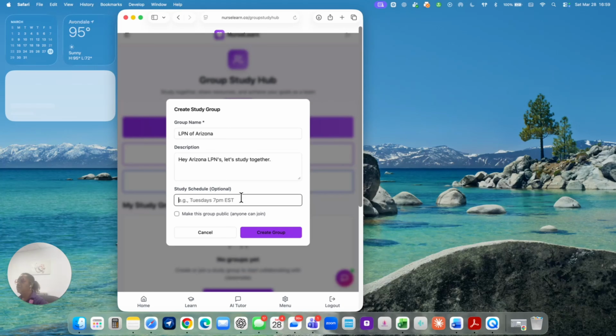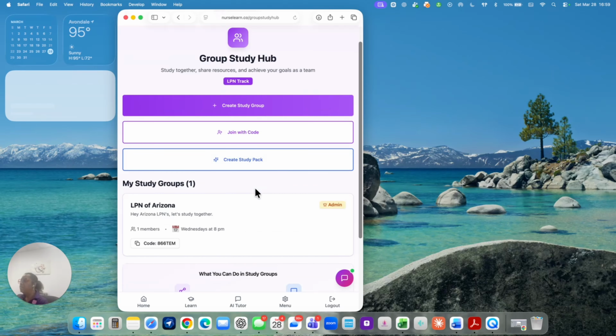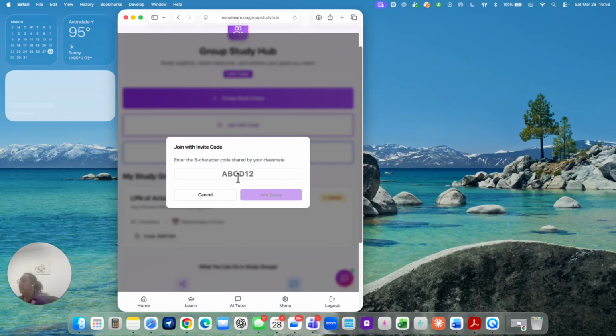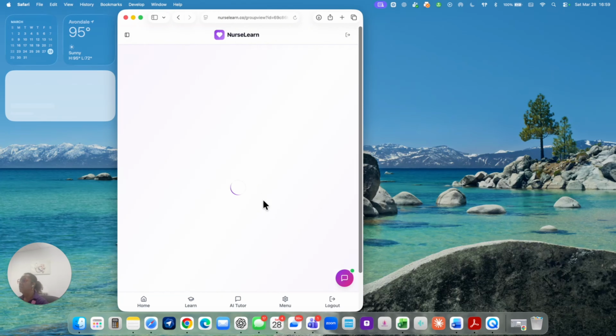And you can put your schedule, maybe Wednesdays at 8 p.m. You can make this public, but if you create your group, there's your group. This code is what you would share with somebody. If you got a code, they would give you that code and you can join their group with that code.